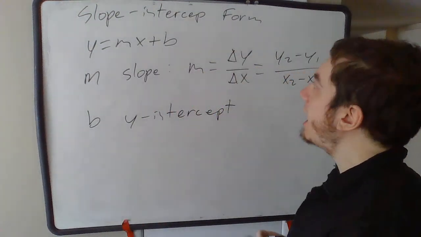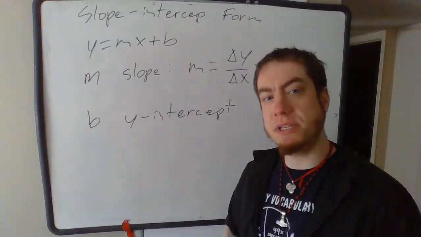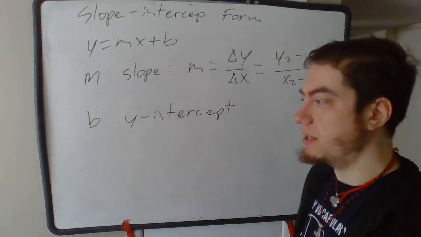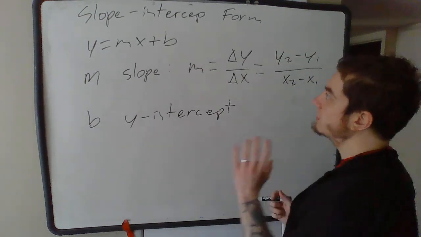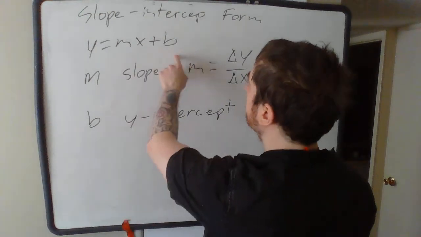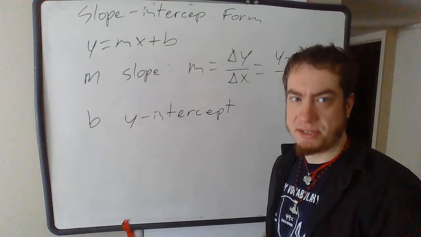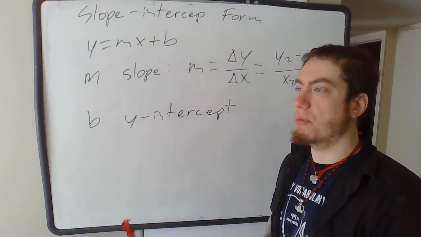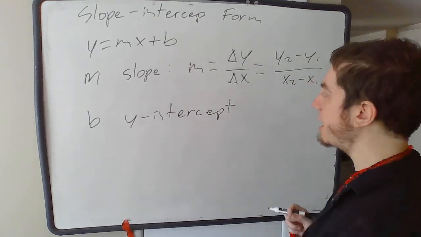So why is this form of a line so particularly nice? Well, the reason is that it's easy to read off the information from a formula like this. And once you have that information, it's relatively easy to make a graph of the line.